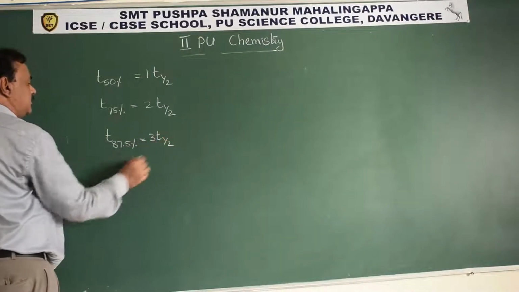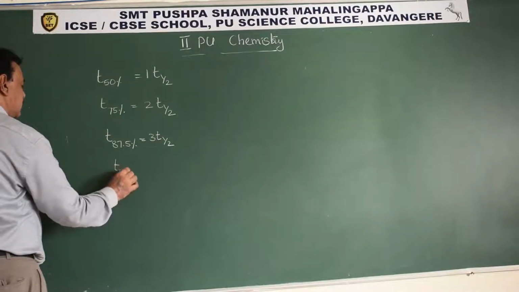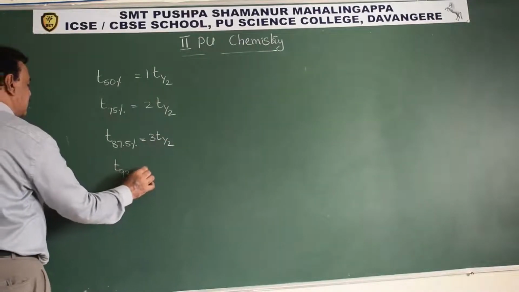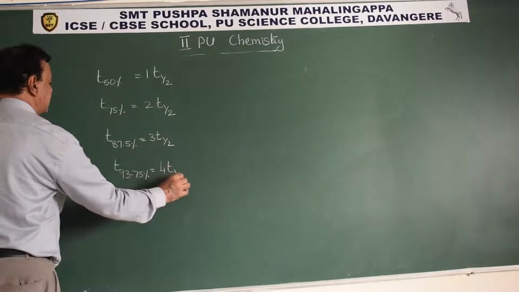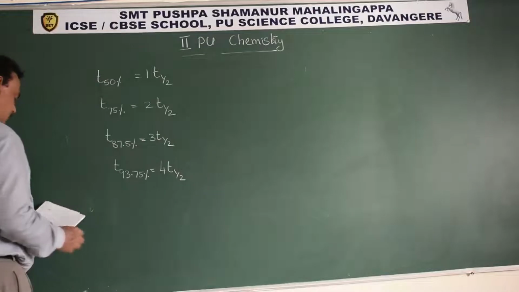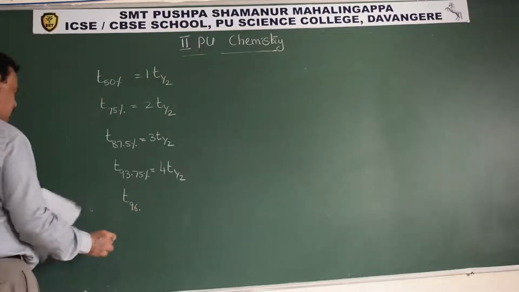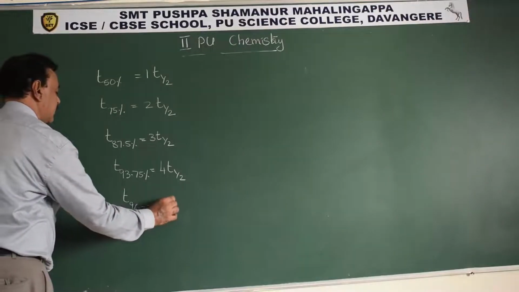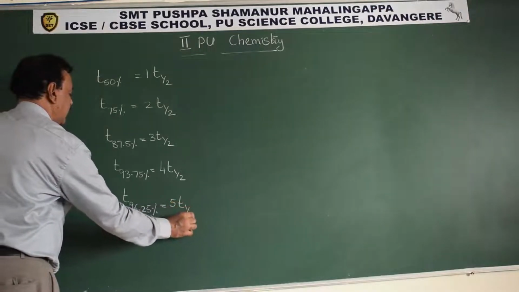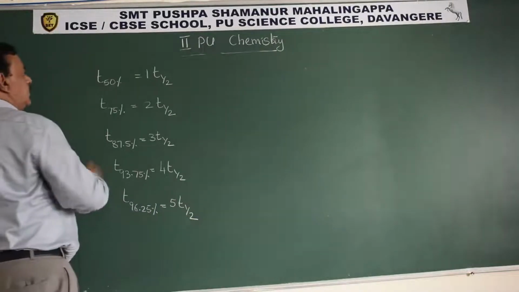T 93.75% is 4 half-life periods. T 96.875% completion implies 5 half-life periods, and so on.